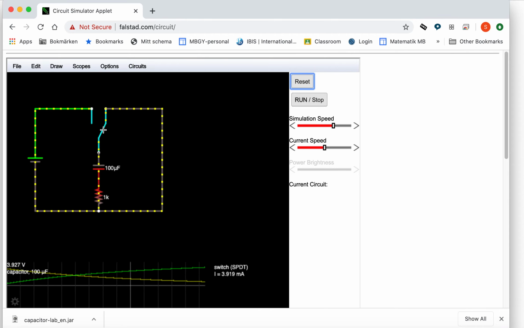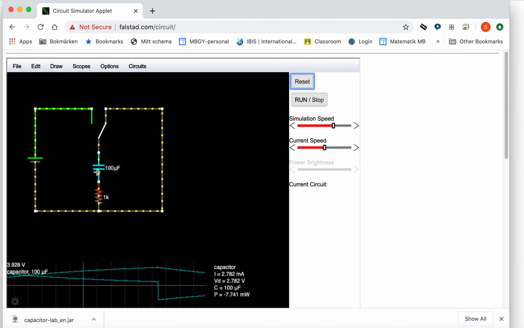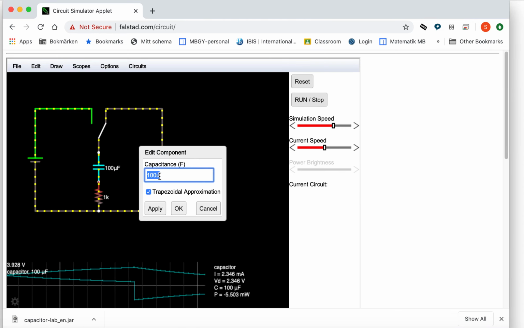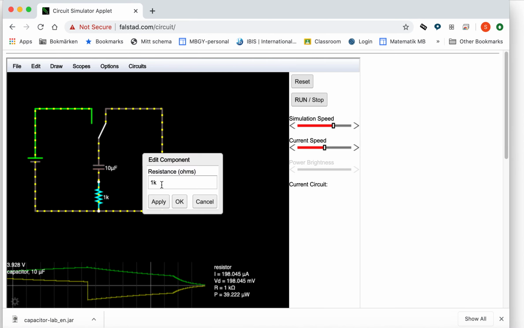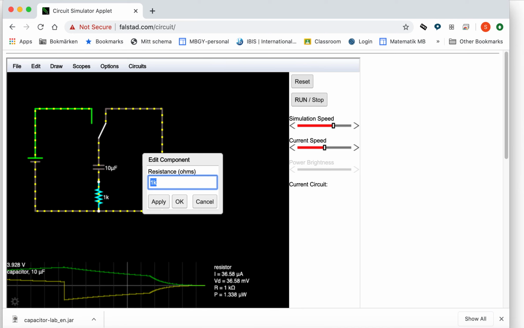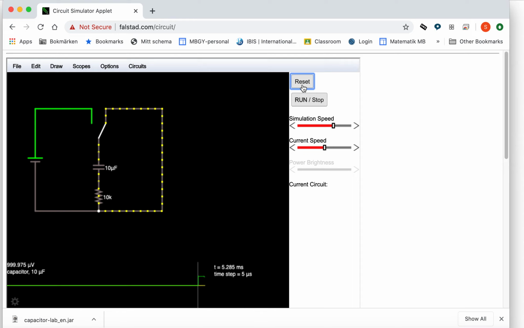Let's just discharge it. Let's reset the capacitance to 10 microfarads, and this time let's increase the resistance 10 times. Reset it, let's see what effect that has.